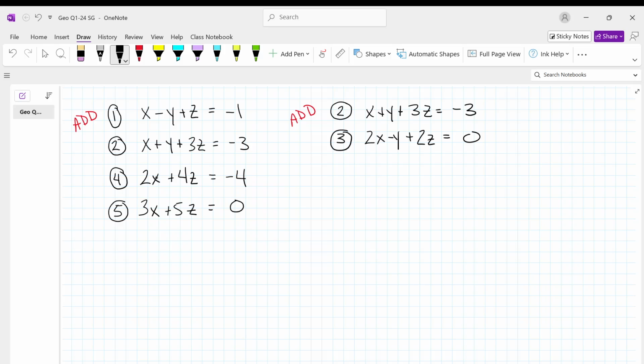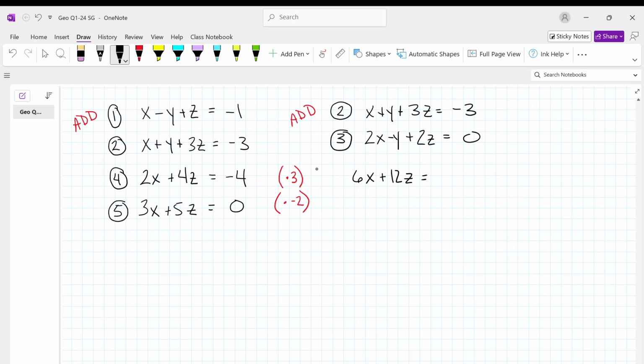I'm going to use the 2x and the 3x to eliminate the x's. So if we multiply the top equation by 3 and the bottom equation by -2, it'll give us opposites in front of the x. So 2x times 3 is 6x. 4z times 3 is positive 12z.